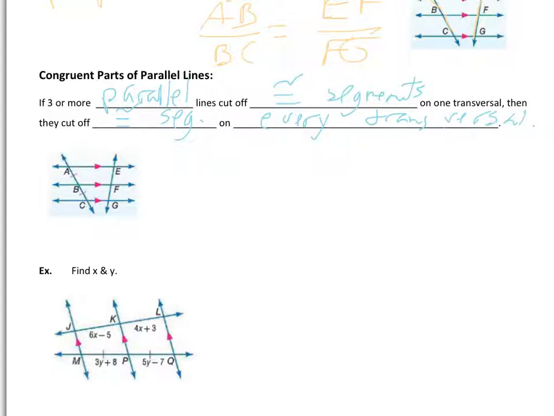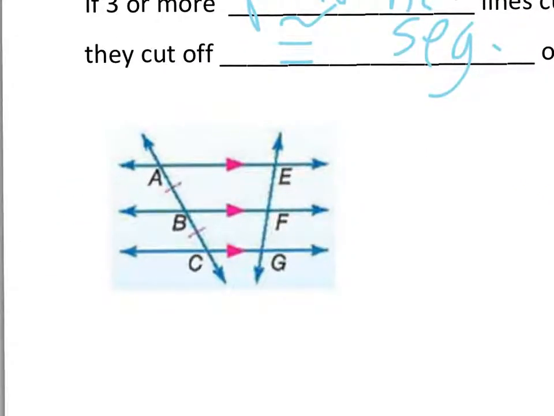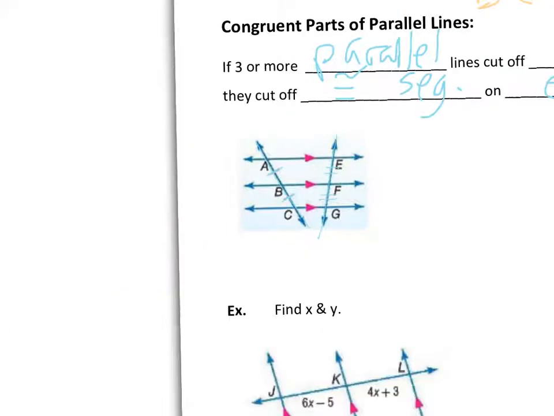We'll look at some examples below. For instance, that one is basically saying that if I have parallel lines and I have these 2 transversals and these are congruent, then these are going to be congruent. Okay? That's just the congruent parts of parallel lines statement.